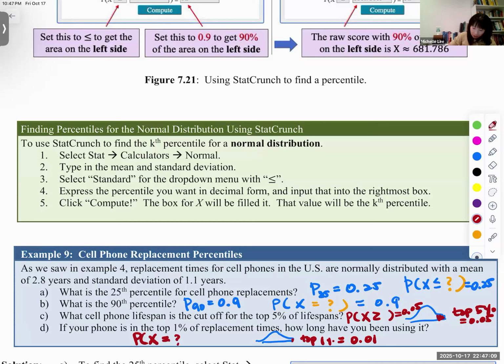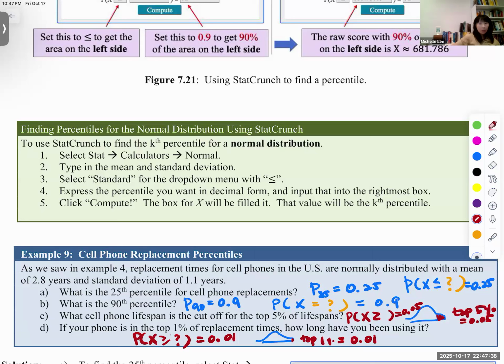What is the X value, the life replacement times, equal to 0.01. The inequality is greater than or equal to because it's right here. Is it clear? So for top 1%, we are using the right tail, so greater than or equal to.